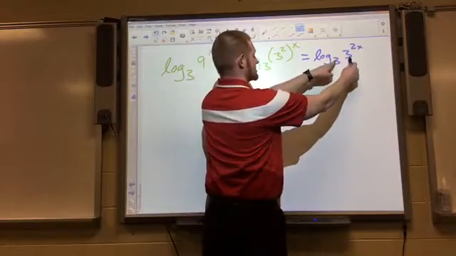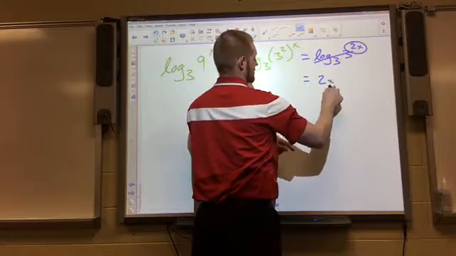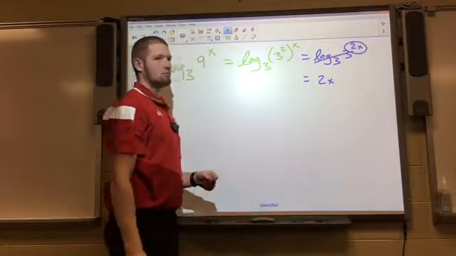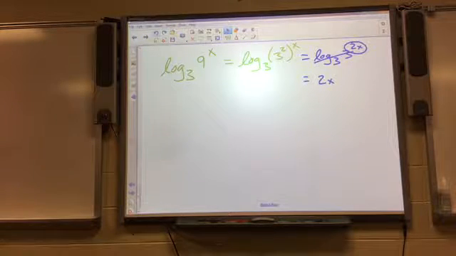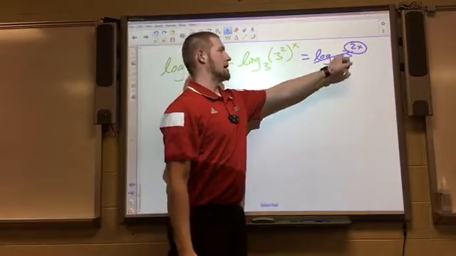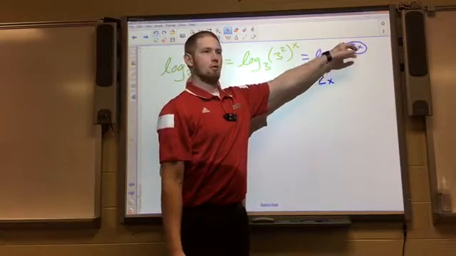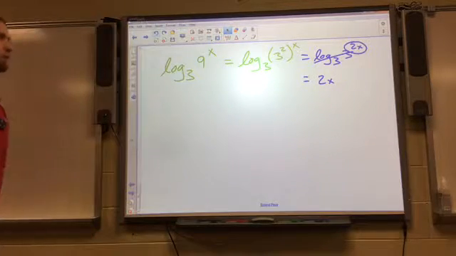Because now I got my bases the same. They cancel. I'm left with just my exponent as 2x. So basically what I'm getting at is all these problems that have variables as exponents, if we can get them into a logarithm and match the bases, we can bring it all down out of the exponent. Hey, we won't be doing that quite yet, but that's the goal we're getting to.